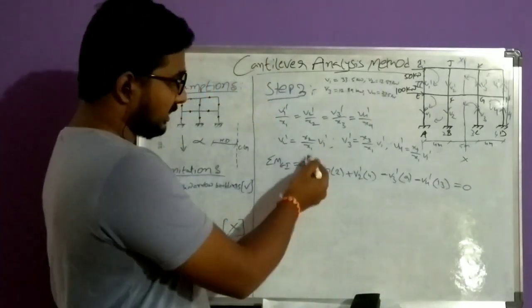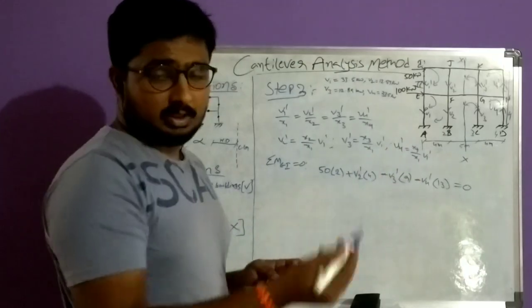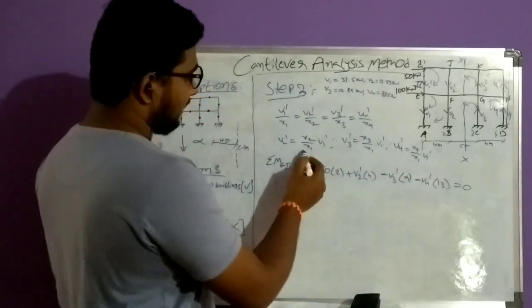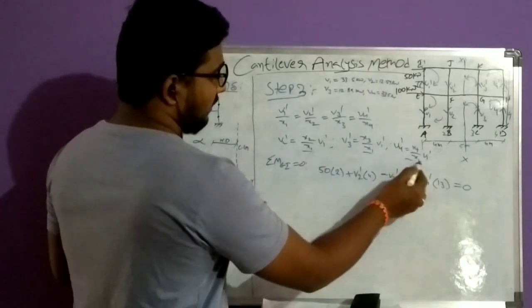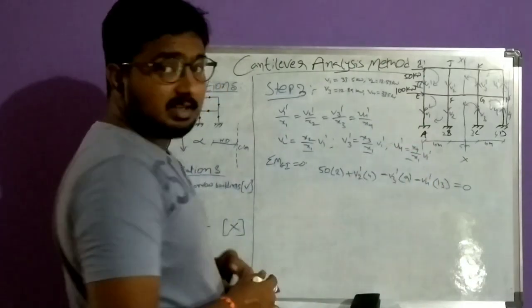In the same way, we know the x1, x2, x3, x4 values from step 1. We will calculate this term and convert these terms into V1 dash terms.